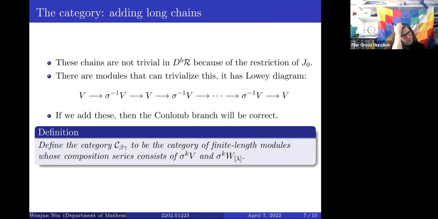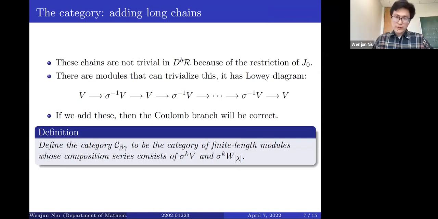So for them, proving that R has a braided tensor structure by PZ intertwiners, they use this requirement, and so this extra grading is important to them. So we see that to have the correct Coulomb branch, the smallest possible extension is this one, and so we want to take this one to be the category of line operators.